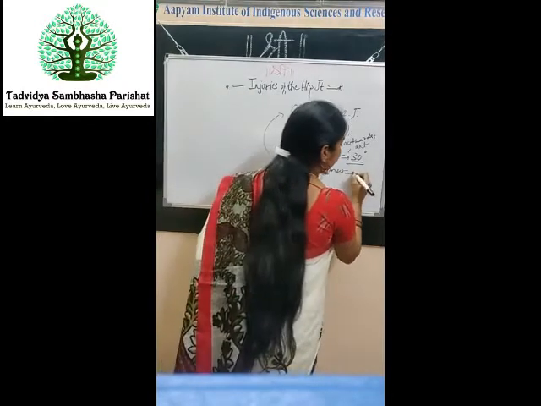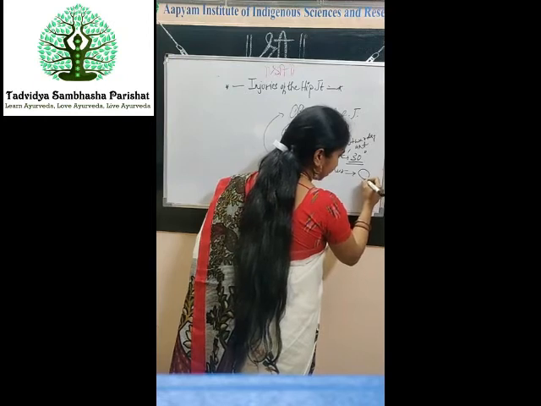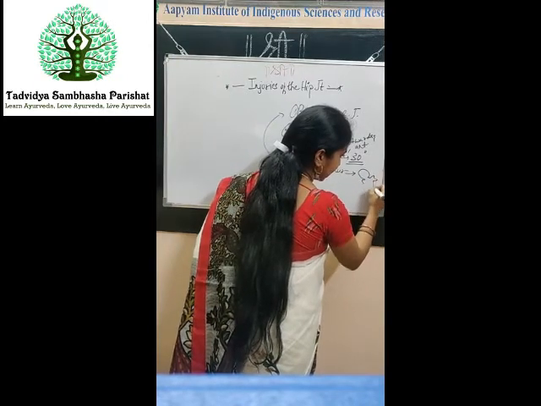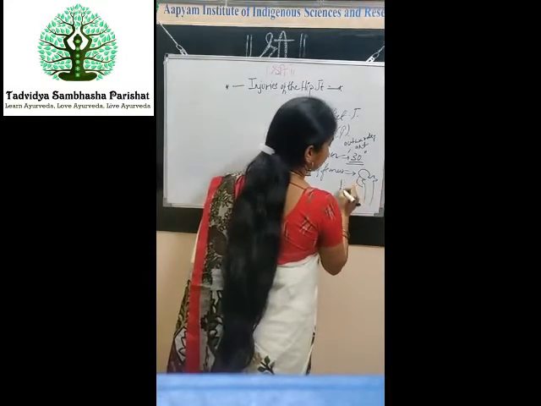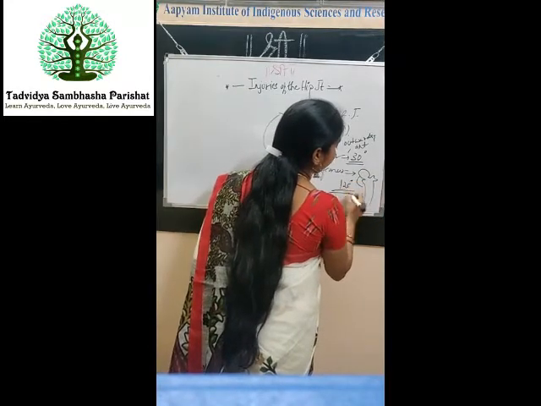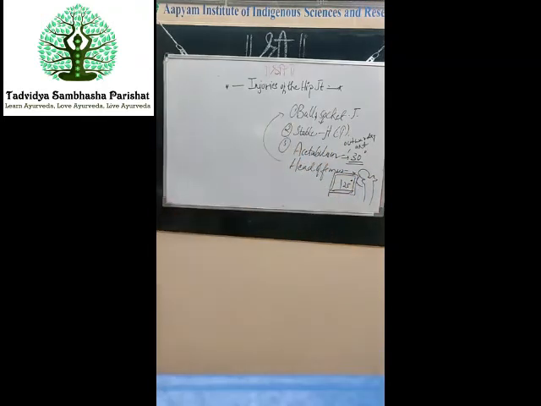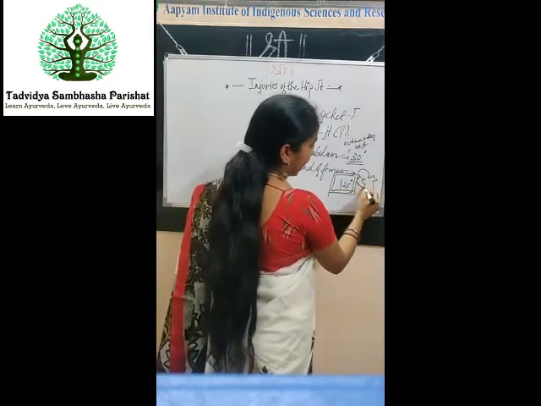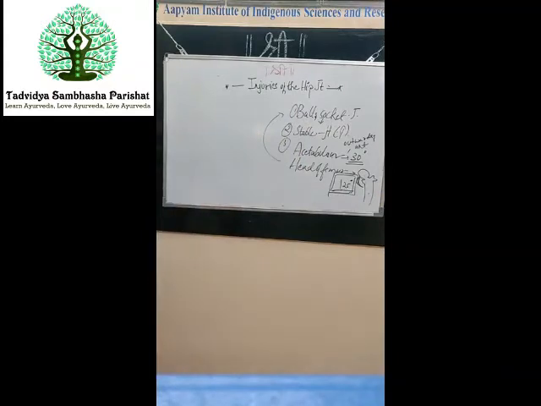And between the head of the femur and the long shaft of the femur, the angulation is approximately 125 degrees.